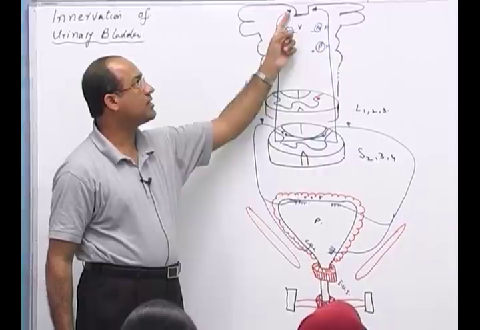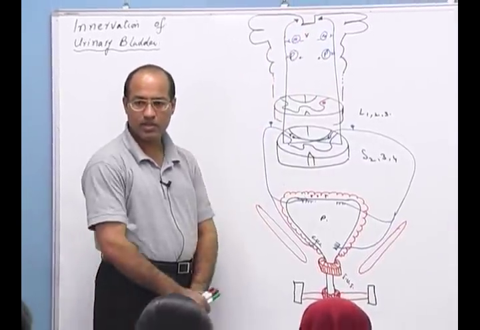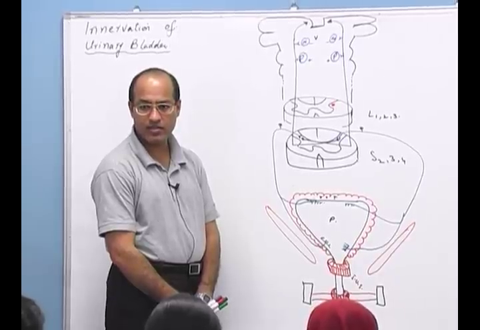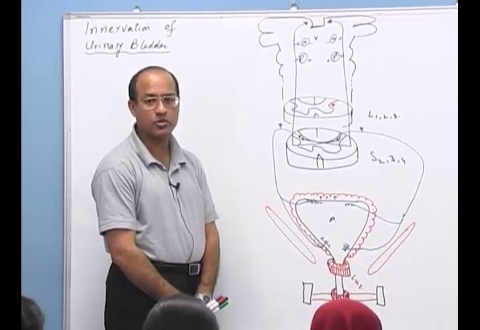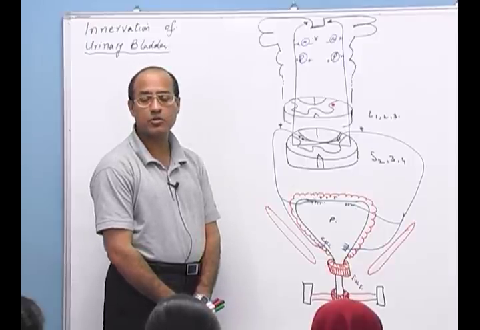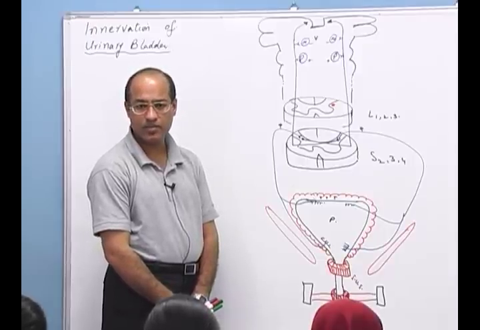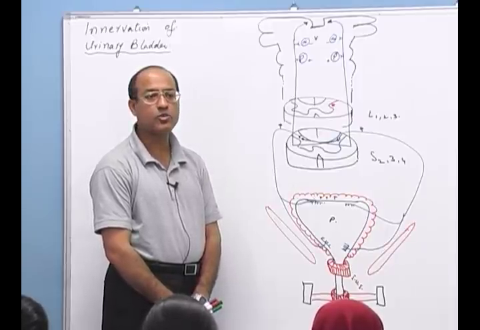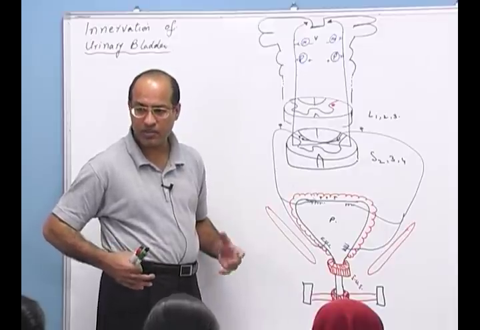Now, when it goes to the cortex, the cerebral cortex is the seat of consciousness and awareness. You know that you are taking the lecture, you should not urinate right now. So it means that whatever amount of urine is coming, you should accommodate that. It means there should be activation of some pathway which should lead to an increase in the size of the viscus. Is that right?